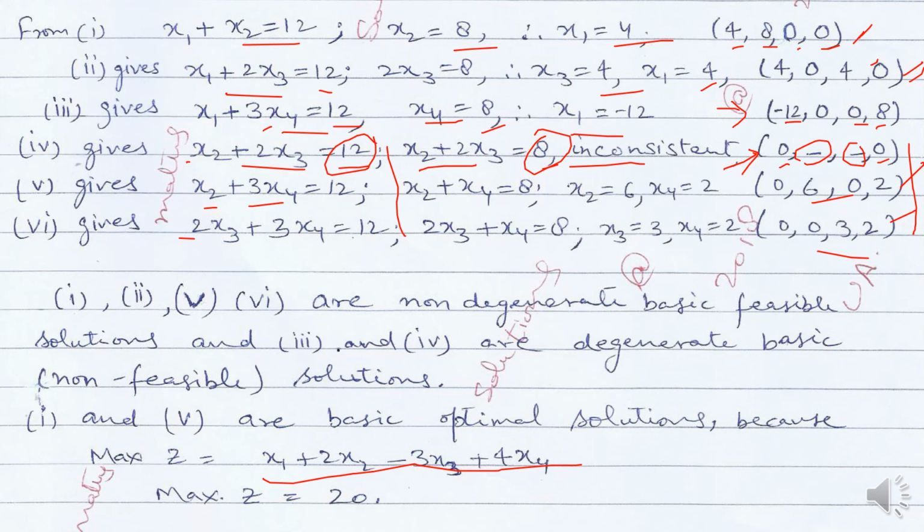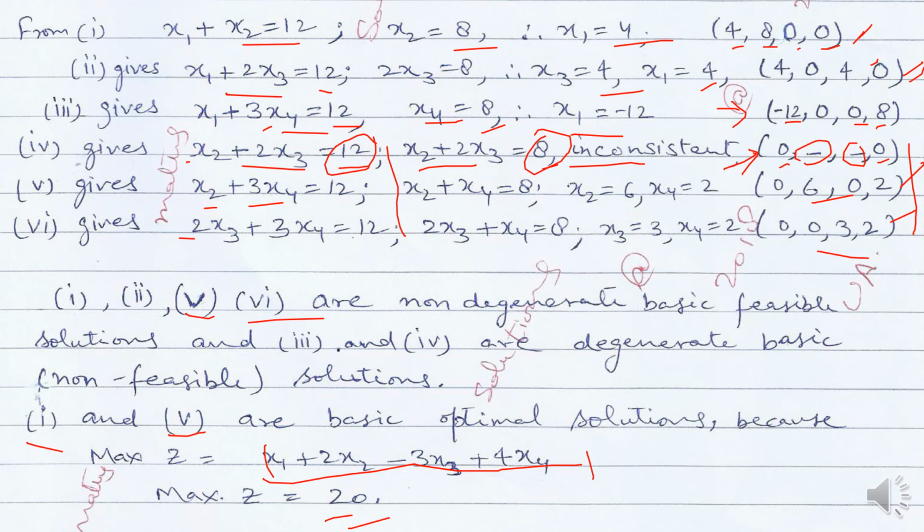When we put the first case, x1 as 4, x2 as 8, x3 as 0, x4 as 0 in this objective function, we see this comes to 20. Similarly, we find it with the help of the second, the fifth, and the sixth, and we see the first and fifth are giving us the value 20, and the second and sixth give less than 20. So this is our maximum solution.